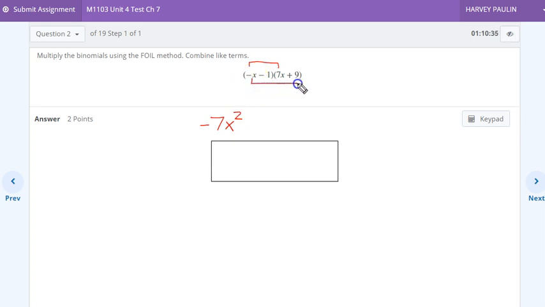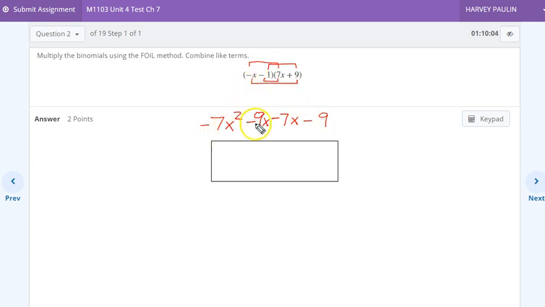Our outers will be a negative 9x. Our inners, a negative 7x. And our last, a negative 9.